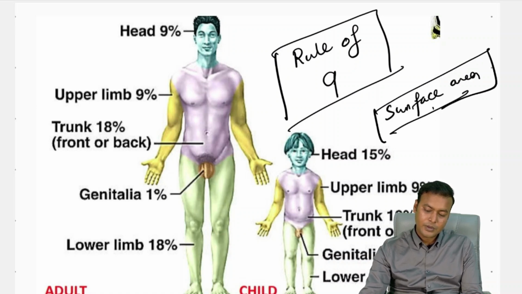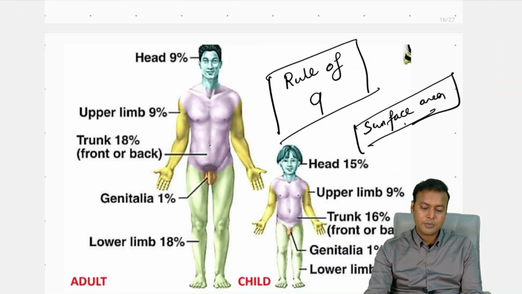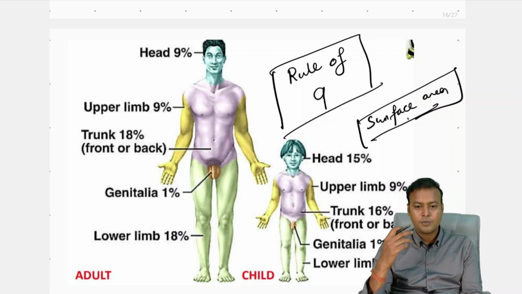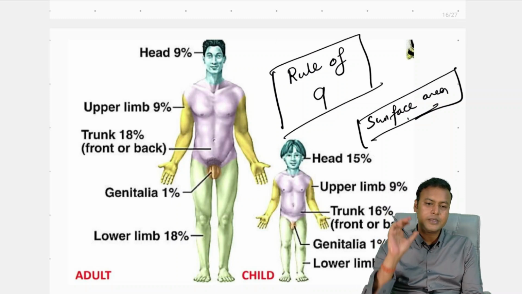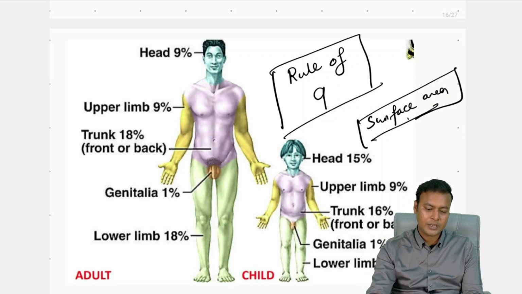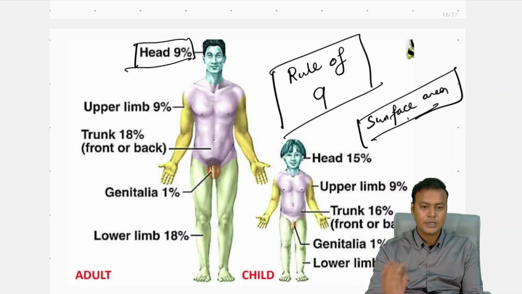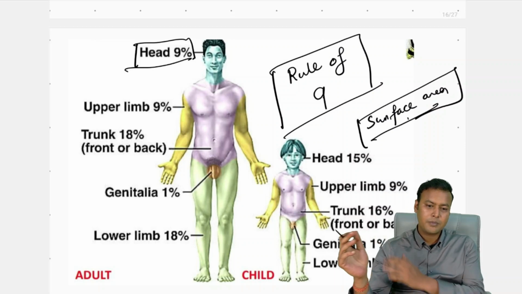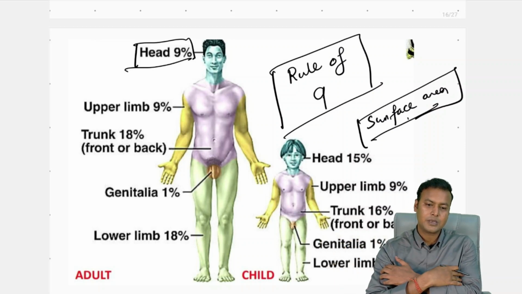So, each part of the body has been designated a certain percentage of the surface area of the body. All right. For example, the head and neck region is said to be 9% of the total body surface area. Here you can see head has been labeled as 9%. The upper limb, each limb, 9%, 9%.